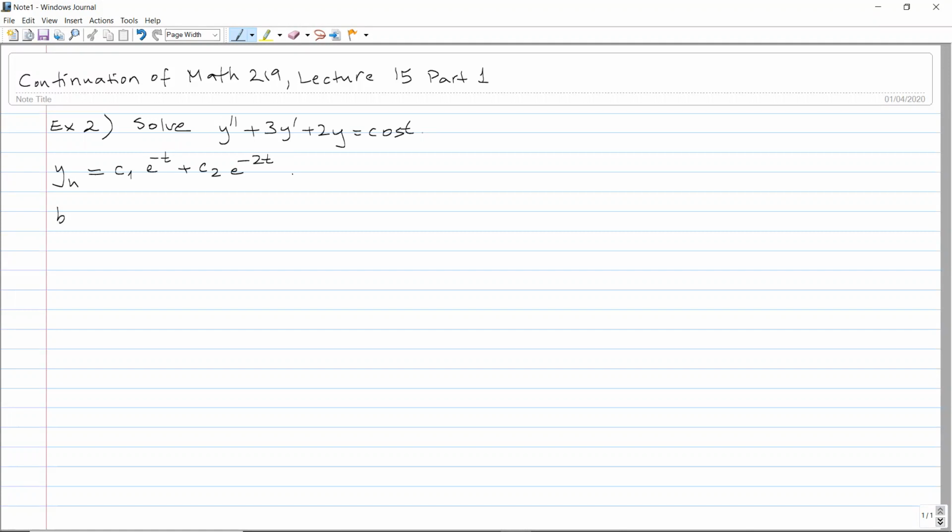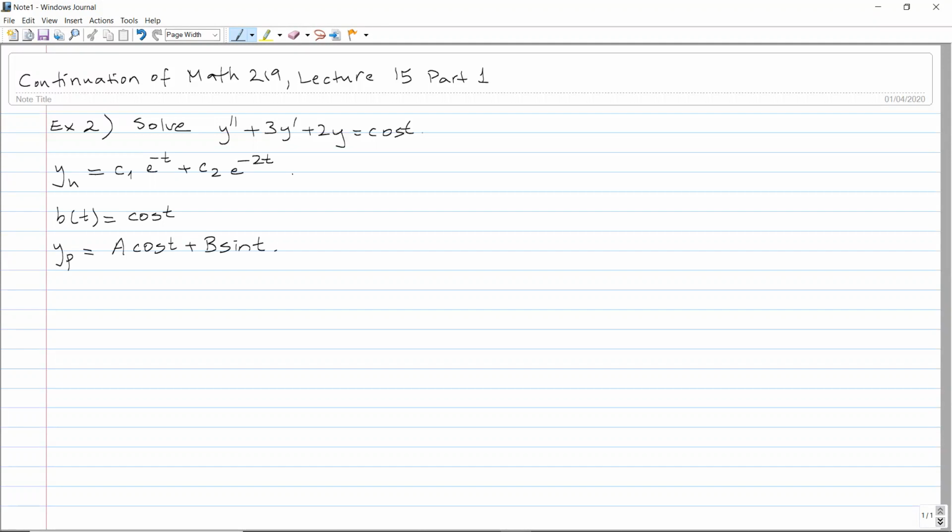Since the function on the right side is cosine t, and the derivative of cosine t is sine t, and the second derivative is again in terms of cosine t, we guess the form of the particular solution to be a times cosine t plus b times sine t.